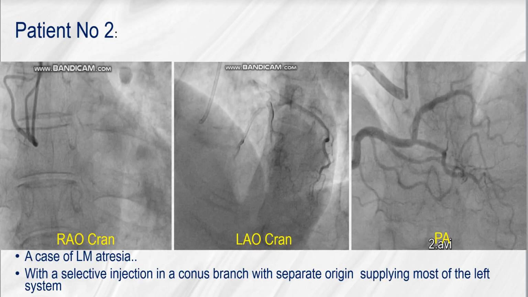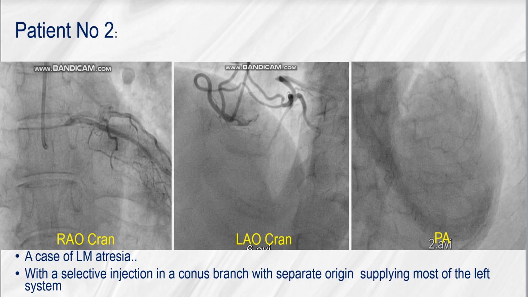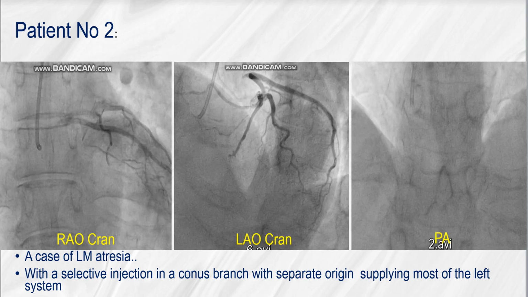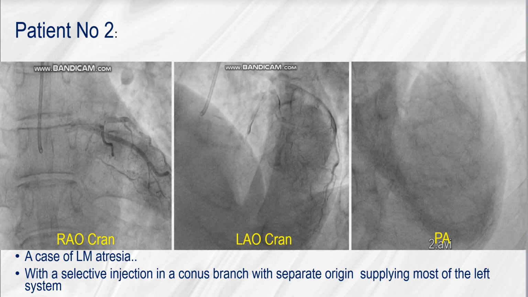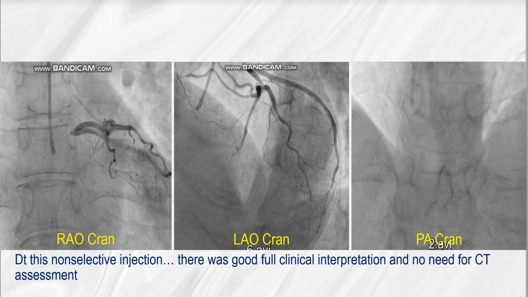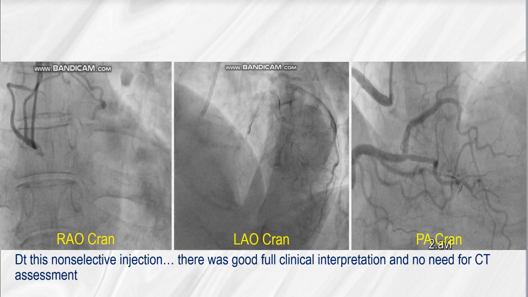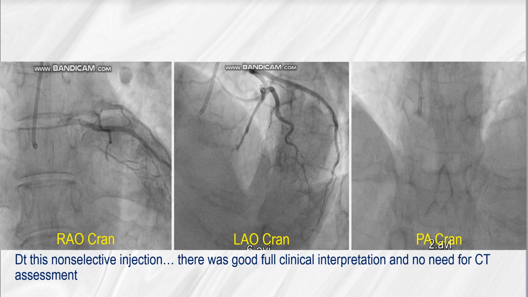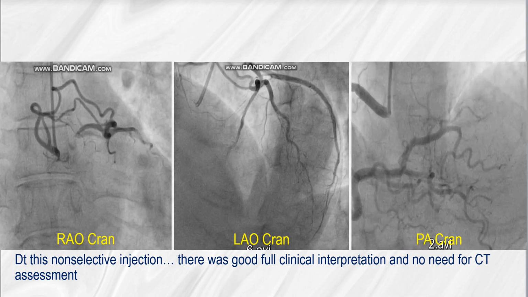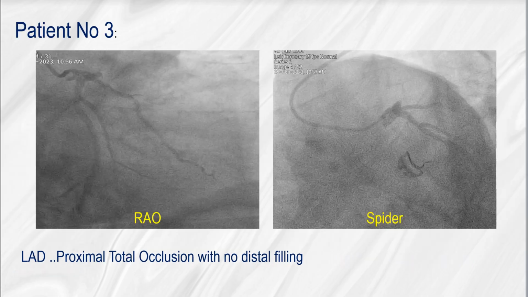Regarding the second patient, it was a case of left main atresia with a selective injection in a conus branch with separate origin supplying most of the left system. Because of this non-selective injection, there was good full clinical interpretation and no need for cardiac CT assessment.